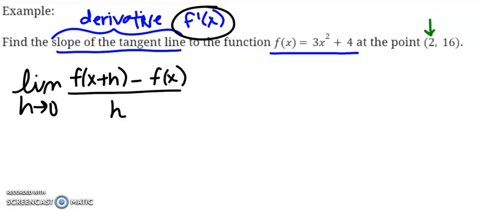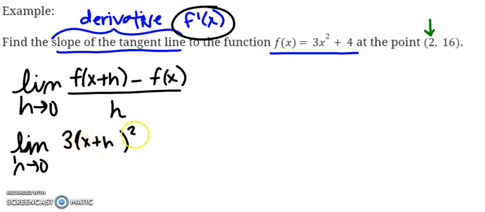Okay, well, let's use our function then. Our function said 3x squared, so the limit as h goes to 0 of 3 times (x plus h) squared plus 4.